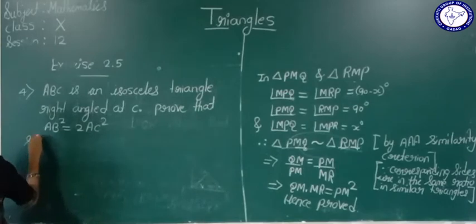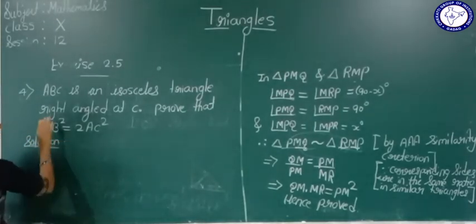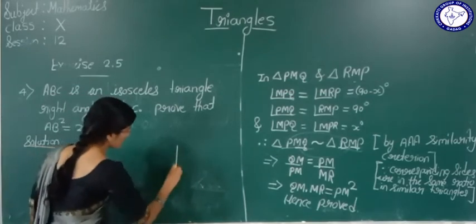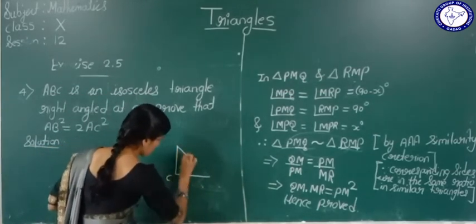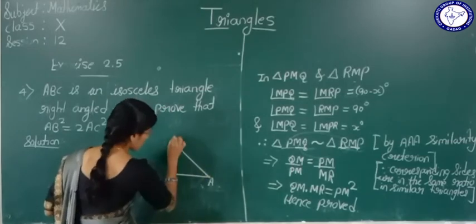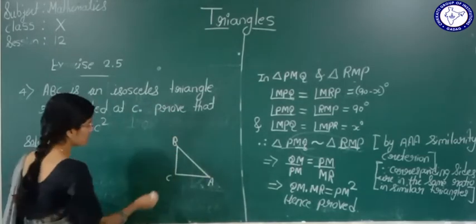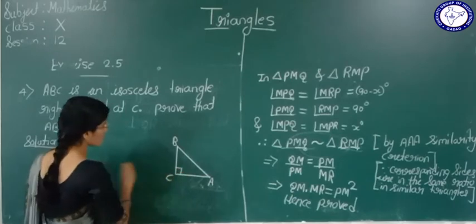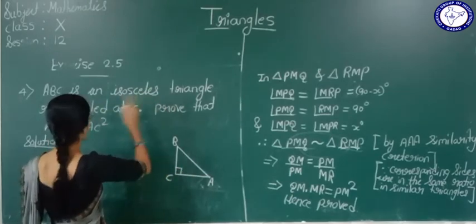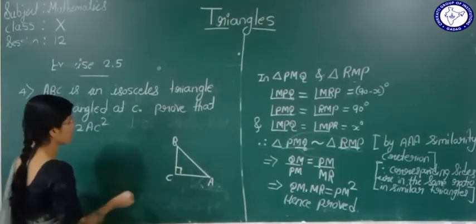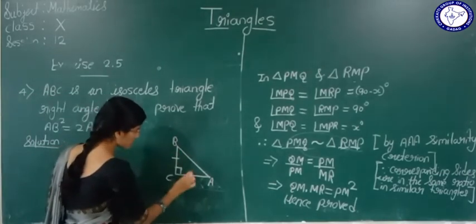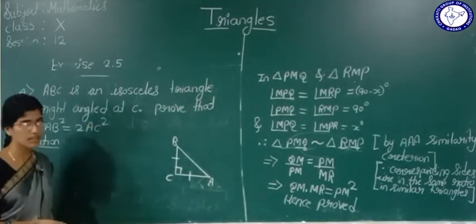Now see the solution. ABC is an isosceles triangle right angled at C. In an isosceles triangle, two sides are going to be equal.